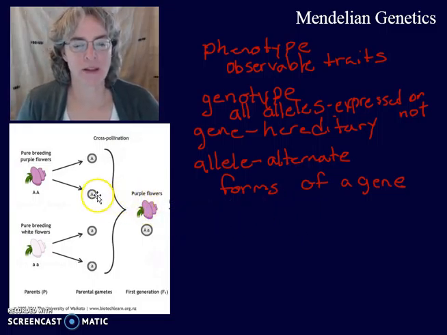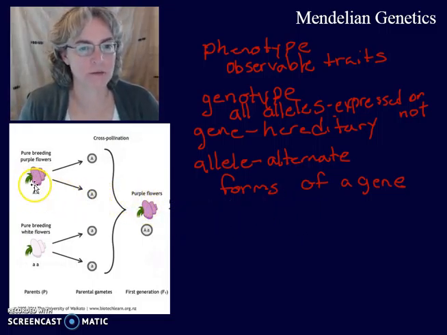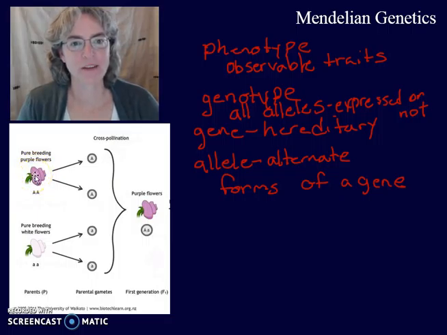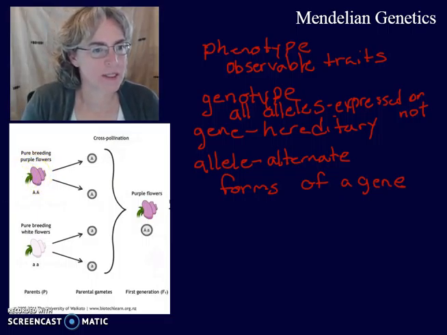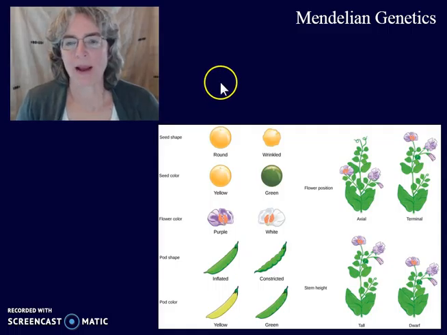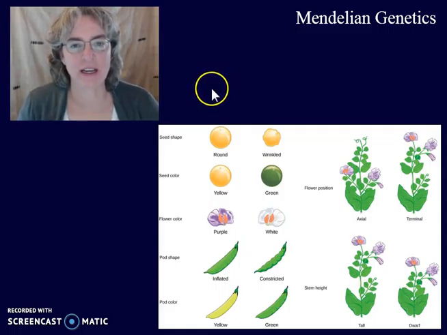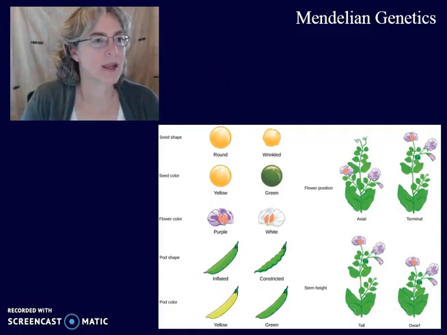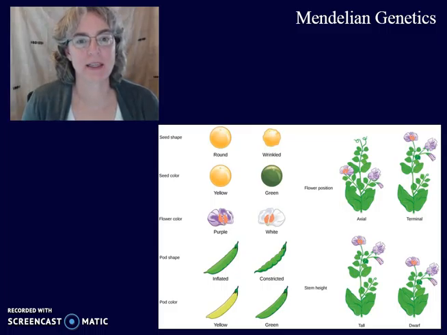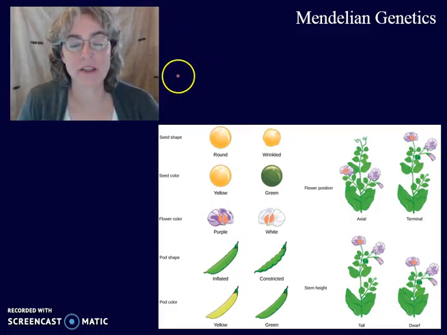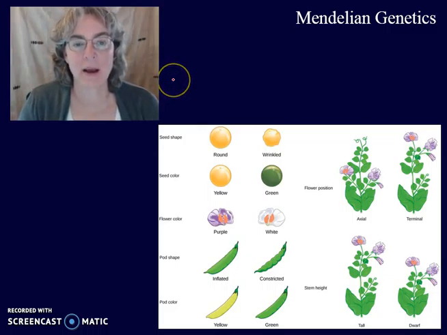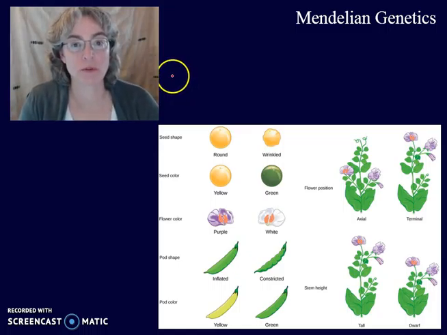Okay, so what does all this mean in terms of our garden pea? Well, let's look back. It's interesting that the garden pea has, and Mendel didn't realize this at the time, 7 pairs of chromosomes, meaning that it has 14 chromosomes.